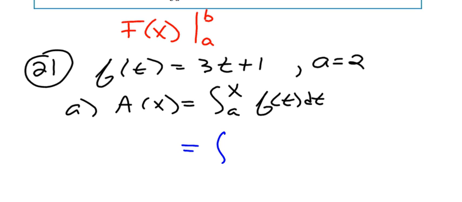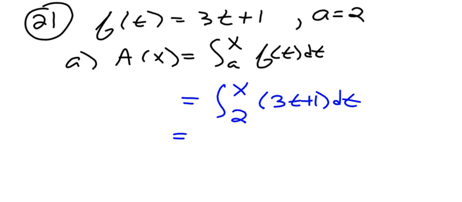I'm going to set it up correctly first. I'm going to put my lower bound in as 2. I'm going to put my function in. And now I'm going to take the antiderivative, which would be 3t squared over 2 plus t. And it's not plus c anymore. This is now a definite integral.